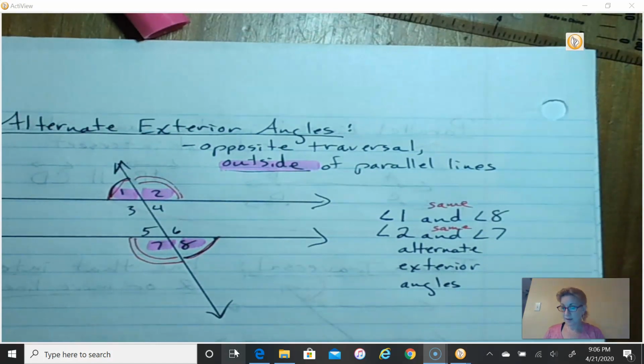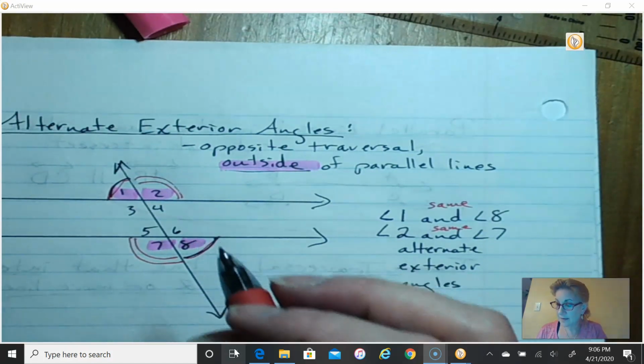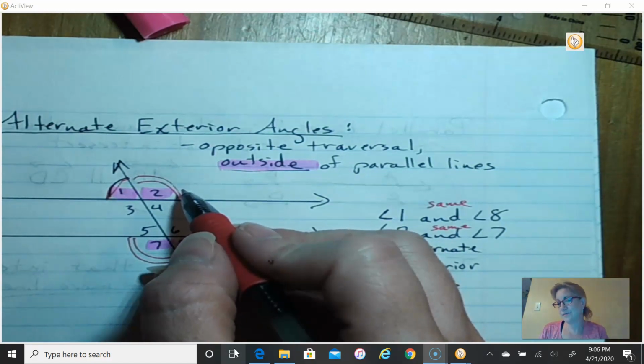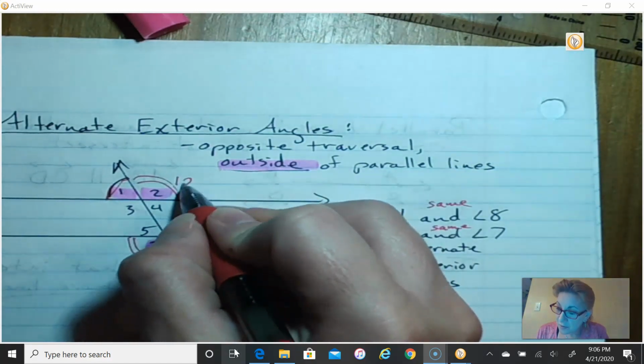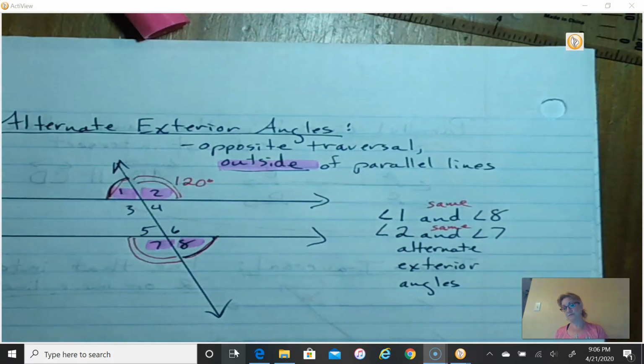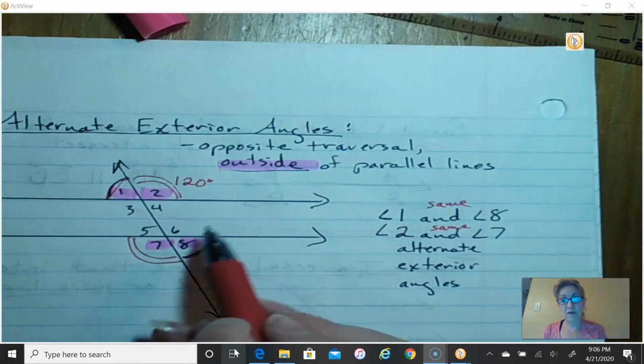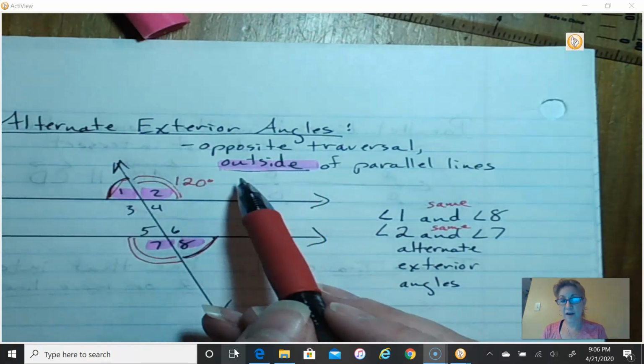Okay. Let's pretend that angle 2 is 120 degrees. And I say, find all the others. Well, we know that 2 and 7 are the same because they're alternate exterior angles.